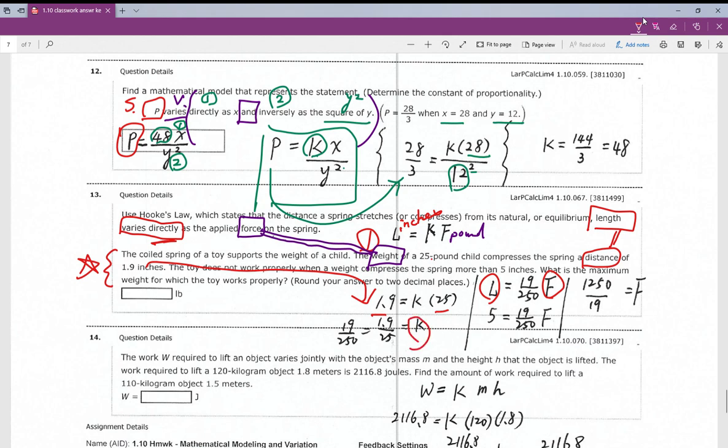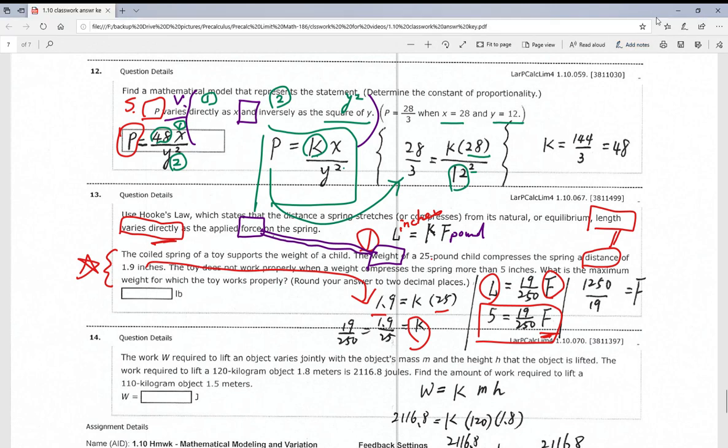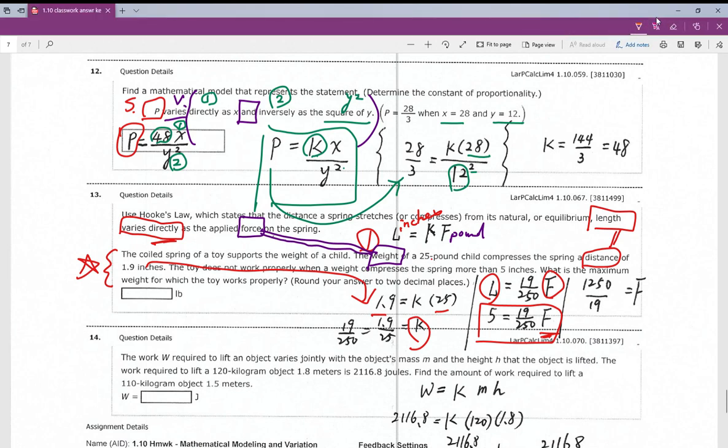After you solve for k, then what do you have? You need to solve for F when... So they ask you to find the force when the length is 5 inches.